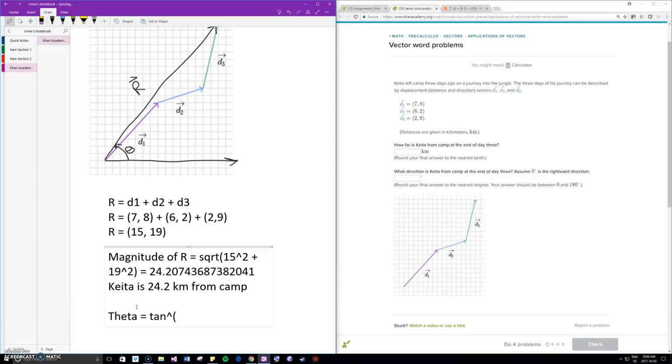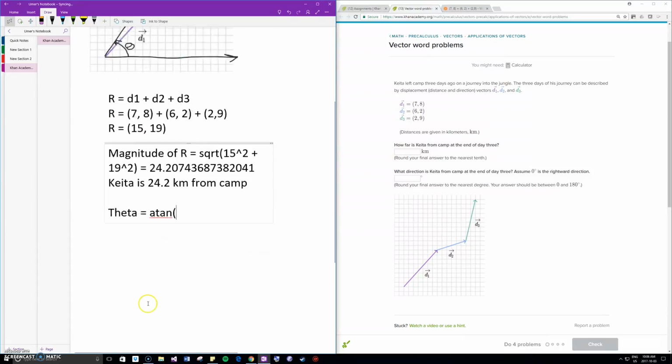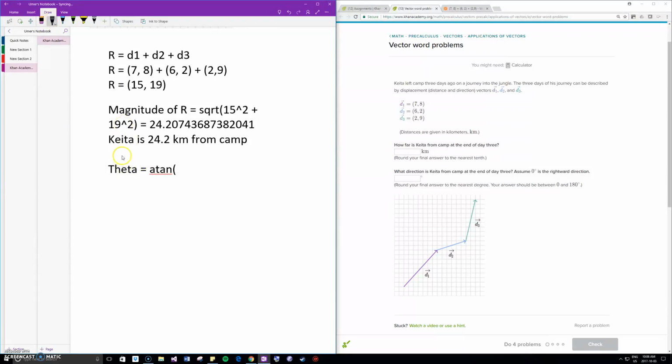Maybe I'll use arctan instead. So the formula is, I'll write it here, theta is equal to the inverse tan of y over x. So I'm going to use this formula to figure out theta.